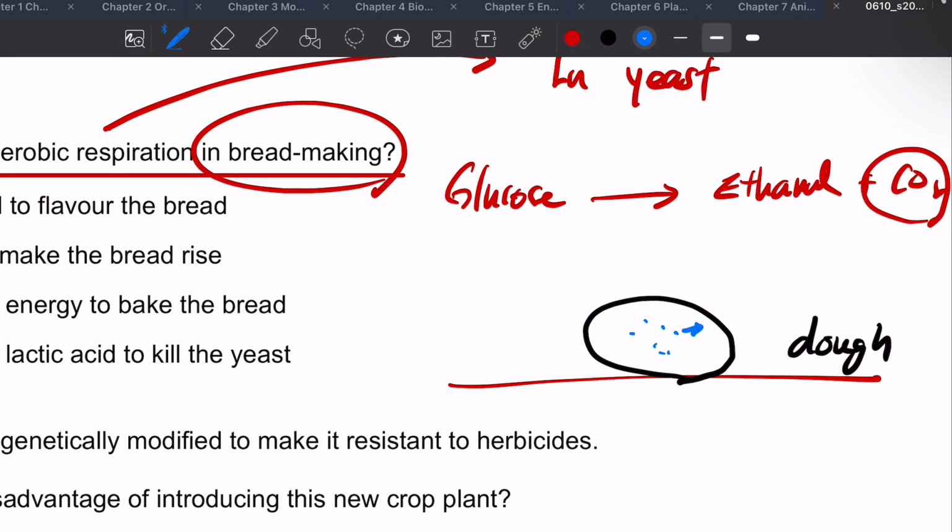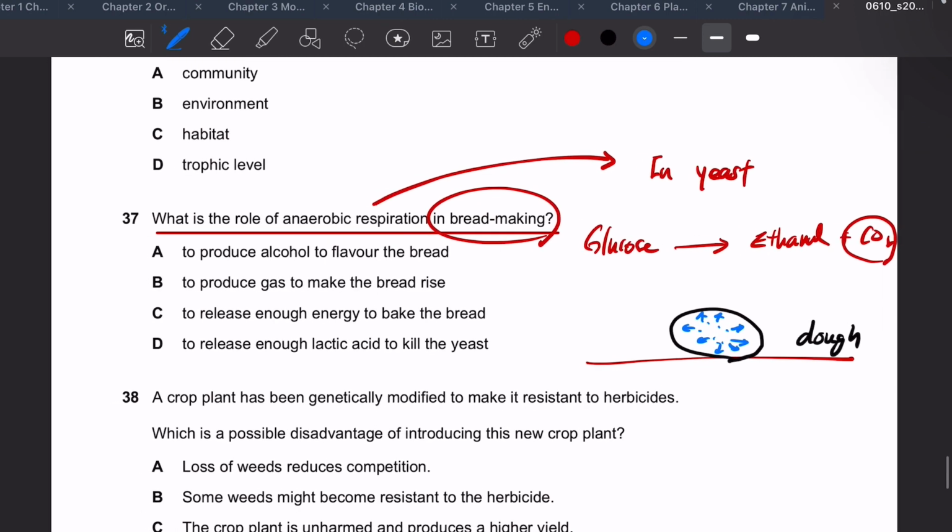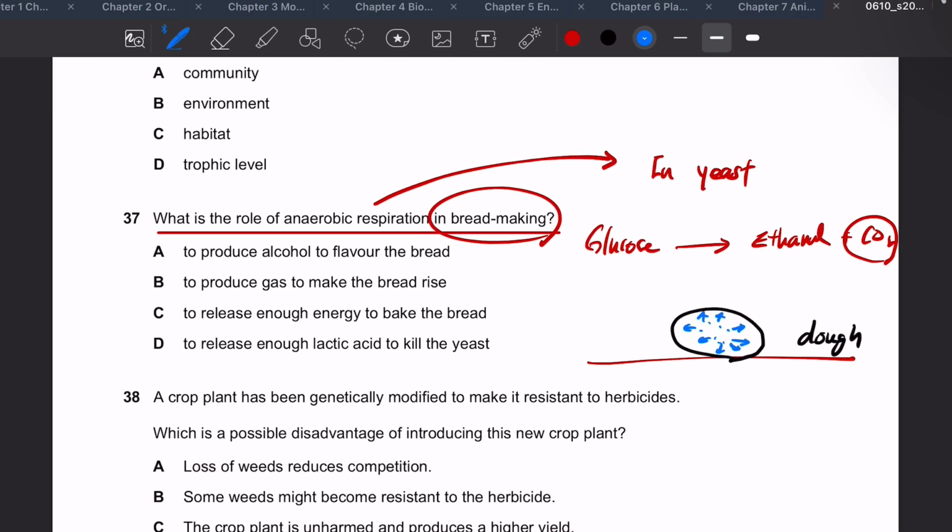So CO2 will be given out, and the whole thing will expand. So yeast is used to make bread because they form CO2, the gas, to make the bread rise or expand. Okay, that's why we see many holes within bread. Okay, so 37 is B. All good.